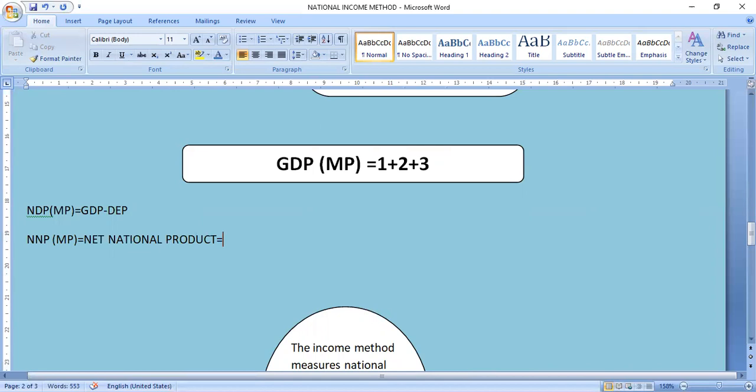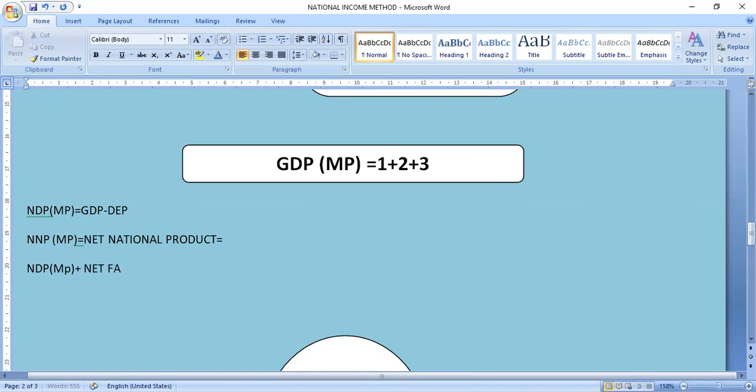For net national product, net factor income from abroad will be included in NDP MP, plus net factor income from abroad. Clear? This will be included, net factor income. It becomes NDP, yes, it becomes NNP.